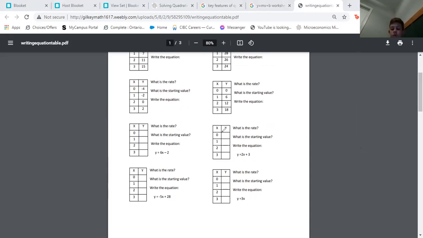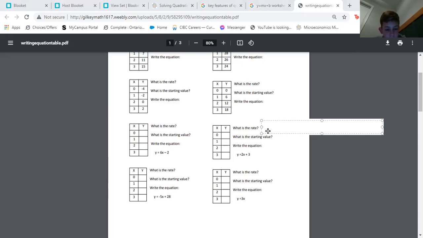So for this one, if you're given this equation, what's the rate of change? I think it's going to be add 5 each time.